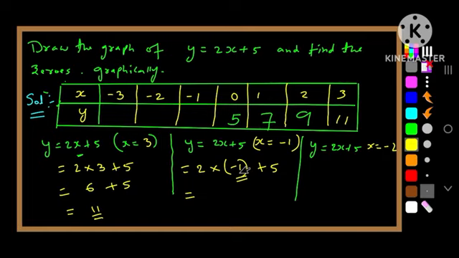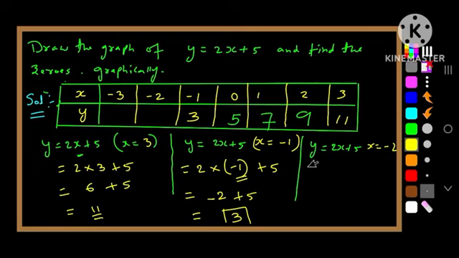So 2 into 1 is 2 and this is -2 plus 5. So minus into plus is minus. We have to do minus. So 5 minus 2 is 3. Greater number sign is plus. So the answer will be +3 or simply 3 you can write.